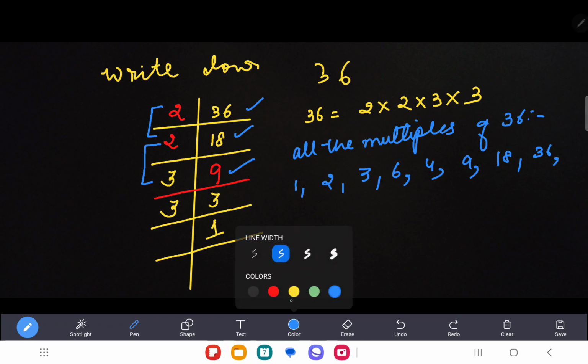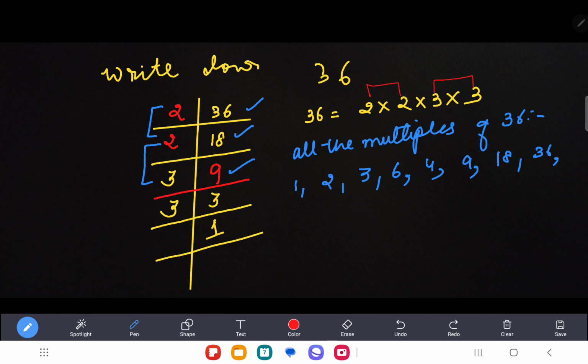So, how do we basically identify? We identify by clubbing 2 and 2, 3 and 3, 2 and 3. Then this also, 2 times 2 times 3, 12 is also a factor. And 3 times 3 times 2, 9 times 2, 18. I've written that already.